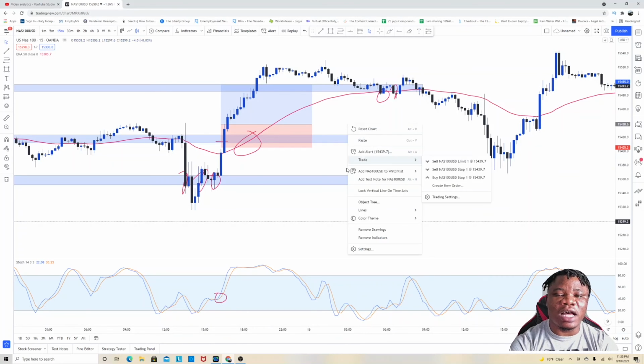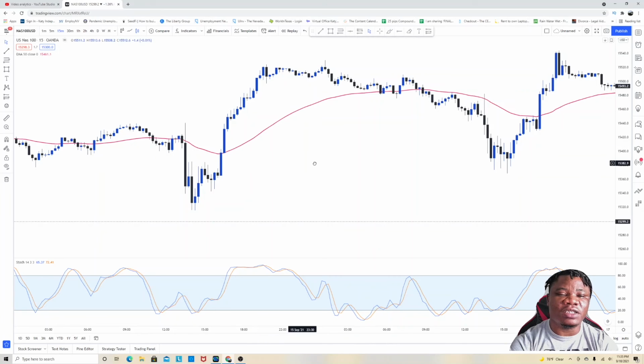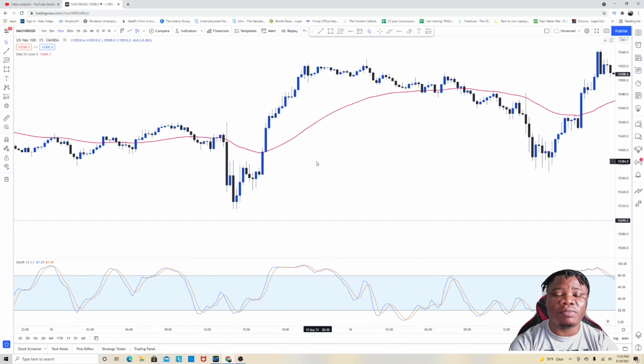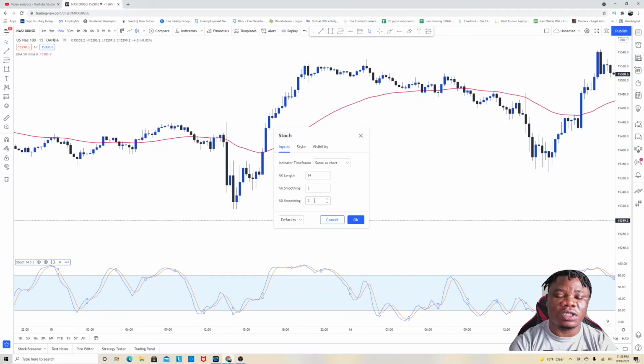So guys, this is how you use this strategy for a buy position and a sell position. Now for the stochastic indicator, when you add the stochastic indicator onto your chart, you go over here to settings. For the input, you change this to 1433. That's what you guys need to change it to, 1433.